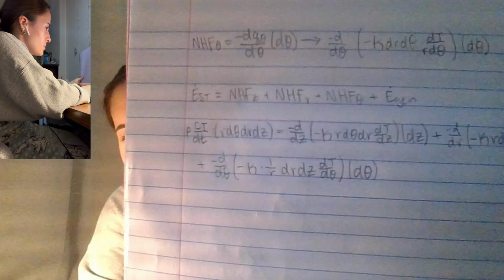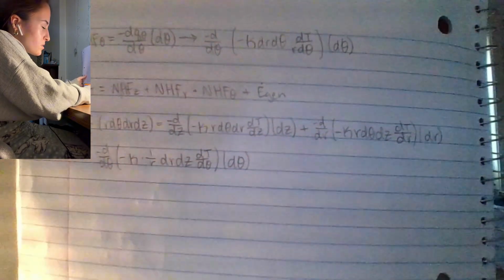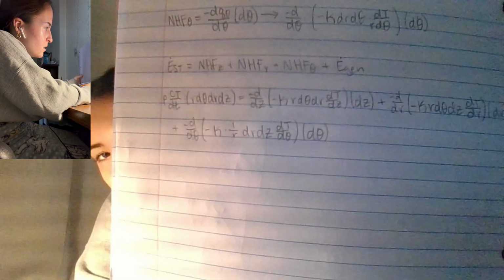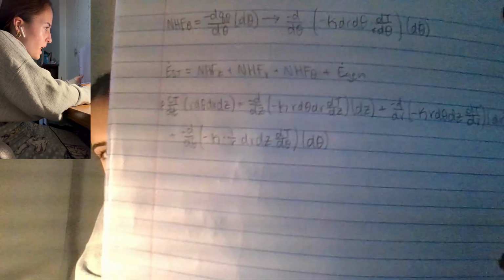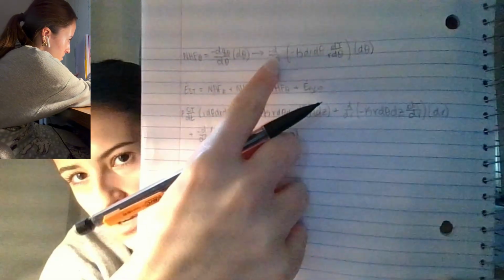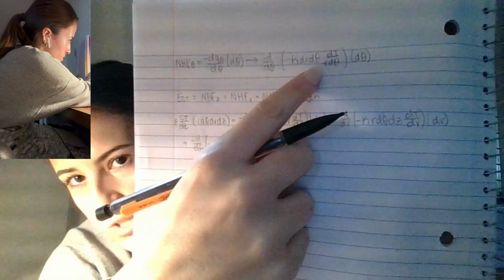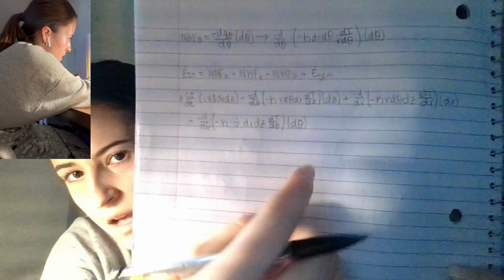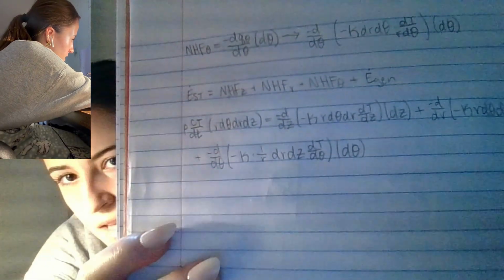So the first one is going to be our z direction, the second the r, the third the theta. These are all just copied over, except the last one, where we're just moving this r here to be over by the k. So now it's right next to that k instead of with the d theta still.